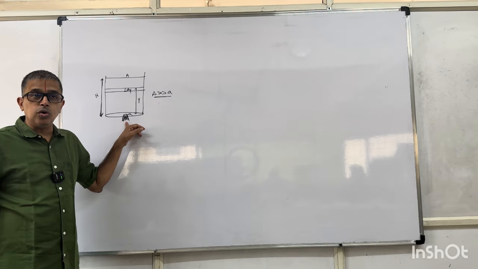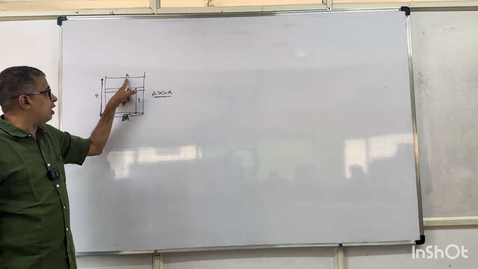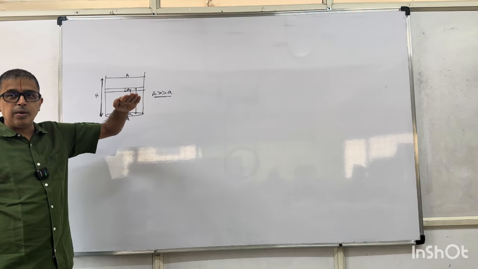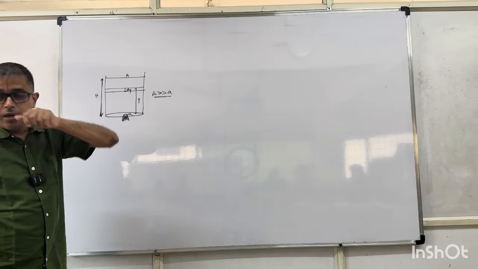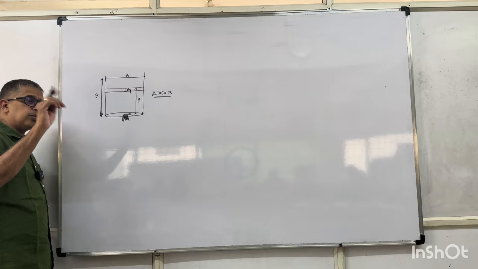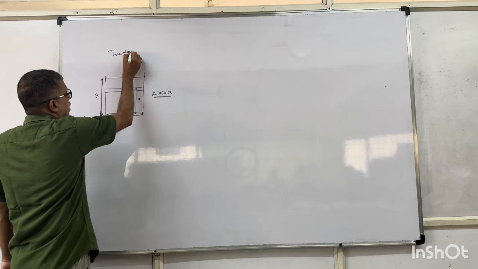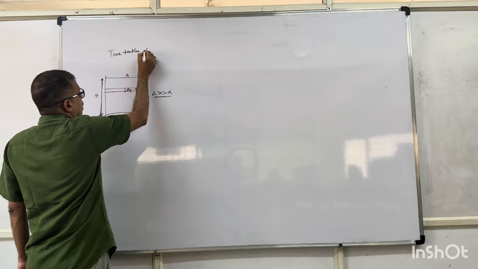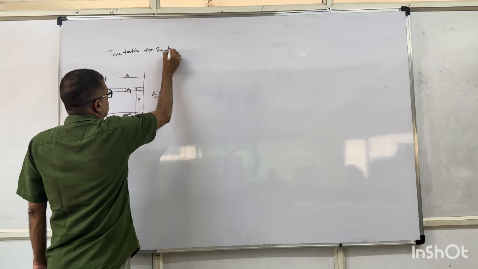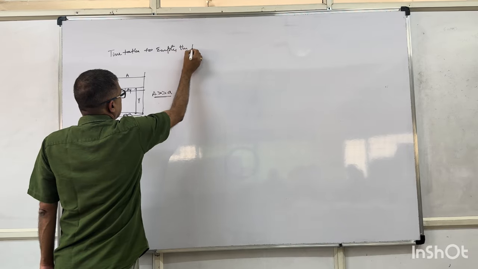Torricelli's theorem of root over 2gh is applicable only if the velocity of the upper layer is negligible. But A1 V1 equal to A2 V2 is universally applicable. Time taken to empty the tank.